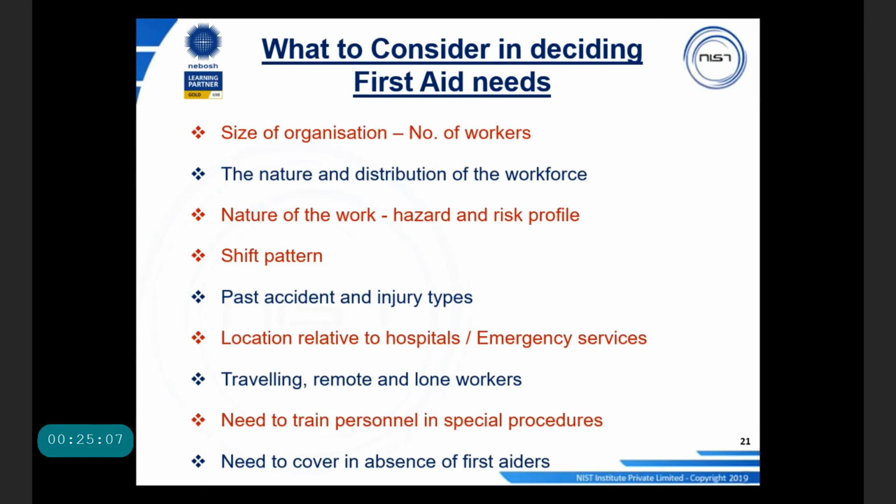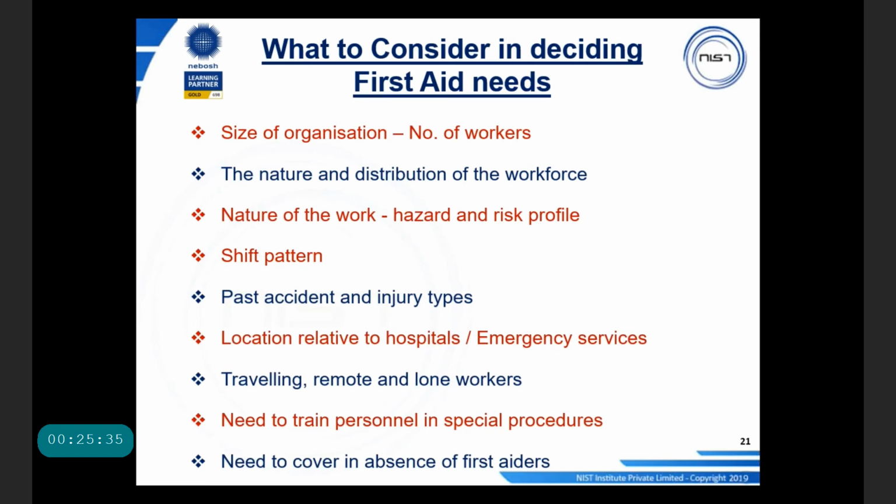If the organization has only one or two first aiders, that is not going to treat the majority of the workers. So it depends upon the size of the organization to decide the number of first aids and first aiders as well as the first aid needs. Okay, excellent, Vasu. Thank you.